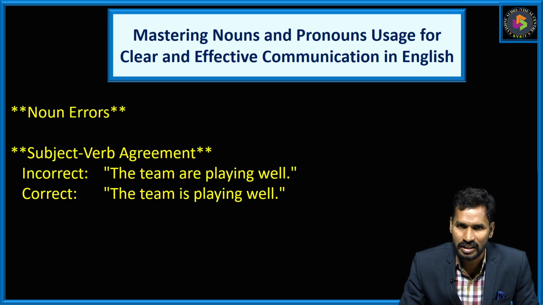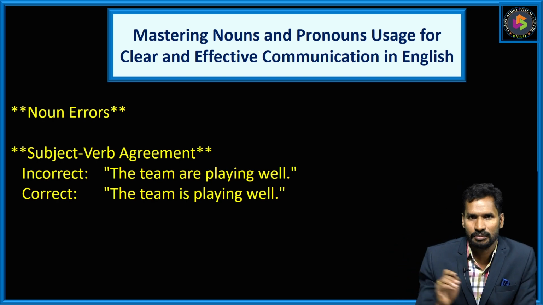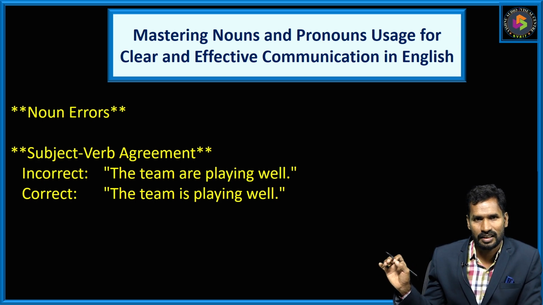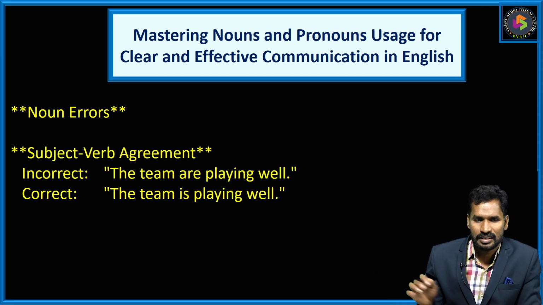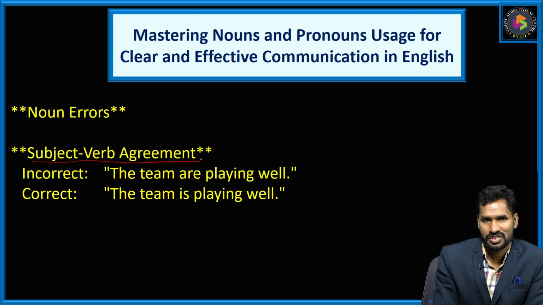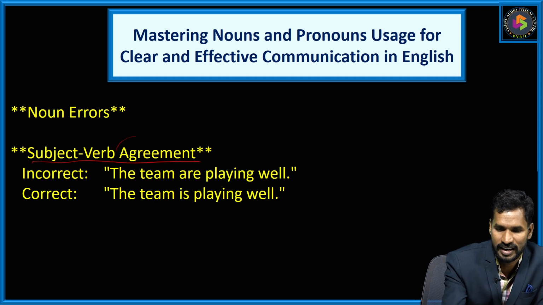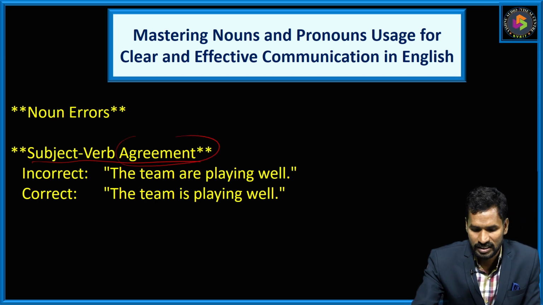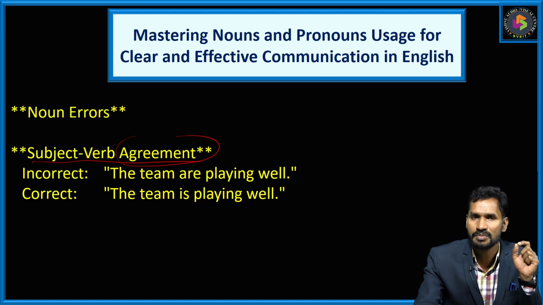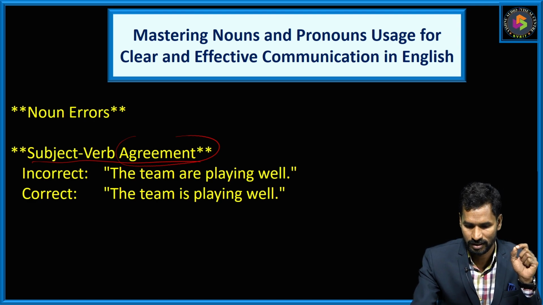As we all know, noun is equal to name, but it is more than that. The first thing here is subject and verb agreement. This is word agreement. In technical terminology, subject and verb agreement is called subject-verb concord.